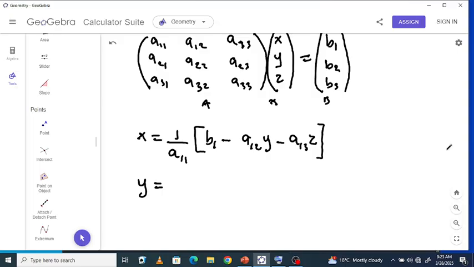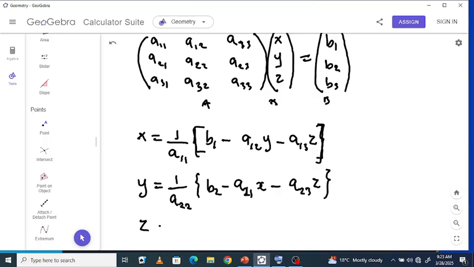We are going to have y equals 1 over a22 into, let's just use the curly brackets, b2 minus a21 x minus a23 z.